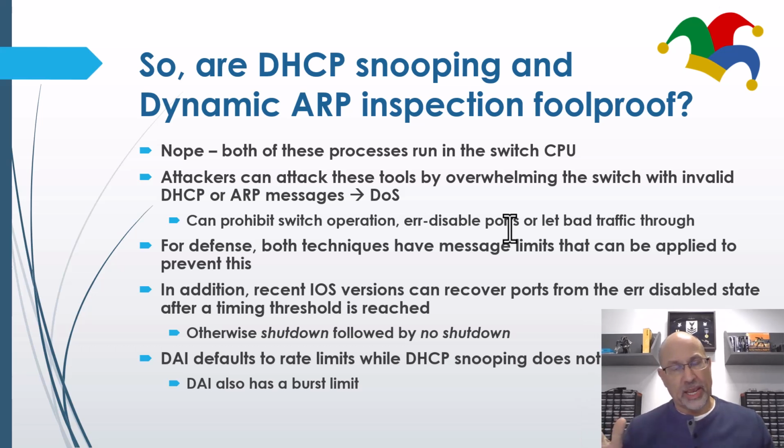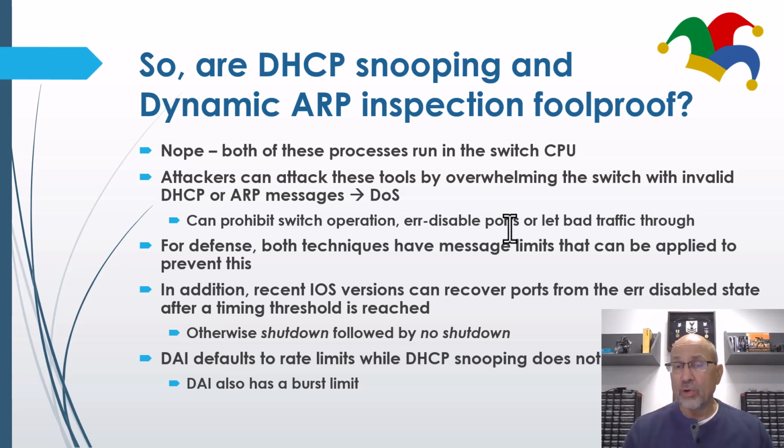So DHCP snooping and dynamic ARP inspection are pretty cool, but are they foolproof? And the answer is no. Both of these processes run on the switch CPU, which means that you can run the CPU out of capacity depending on the kind of attack.